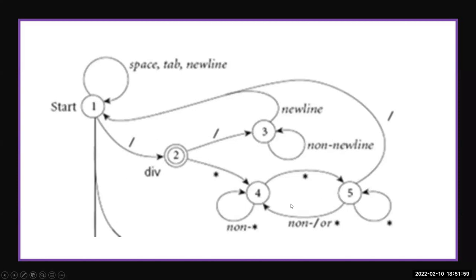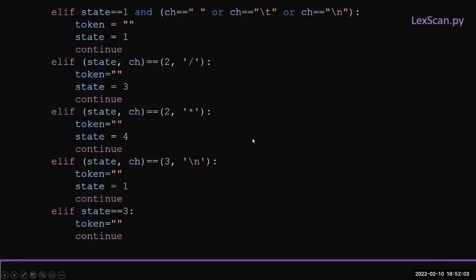And then the next one is the comment portion. So for the comment portion, you check it. If you are in state 1 and you get these different characters, you continue to stay in state 1.